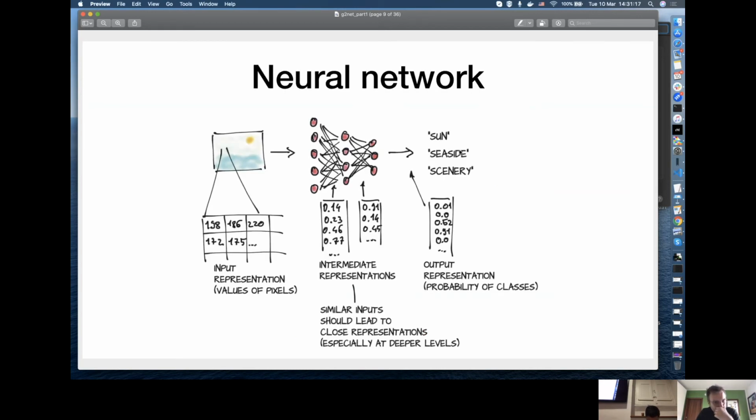So what is a neural network? Basically, you can think about it as a function that performs some compression.